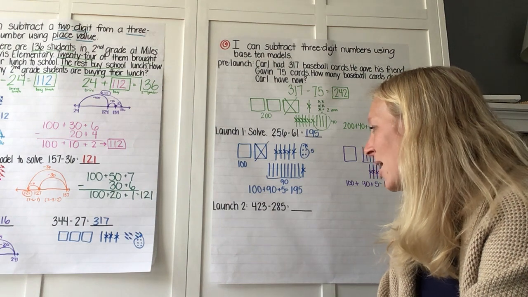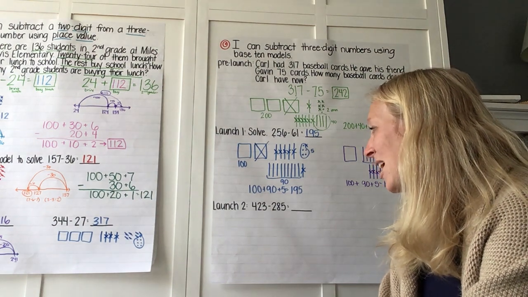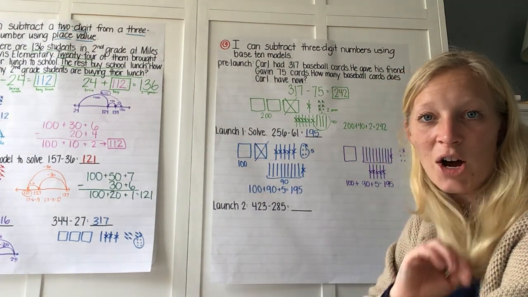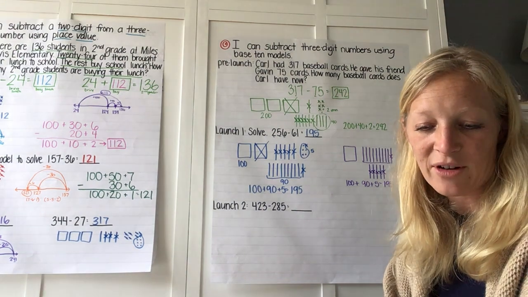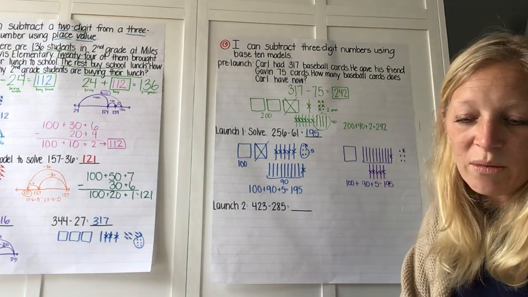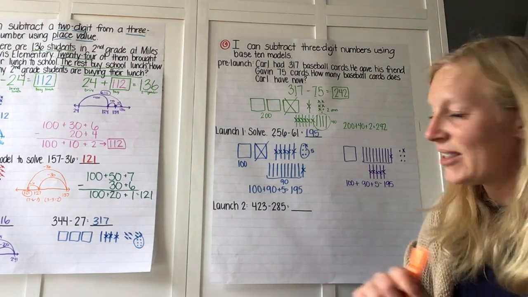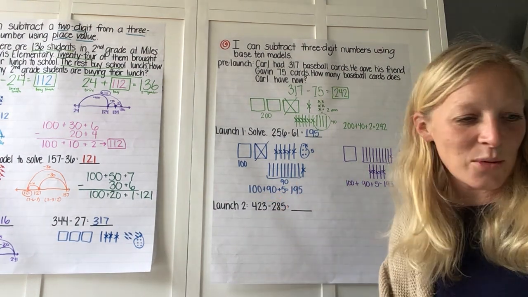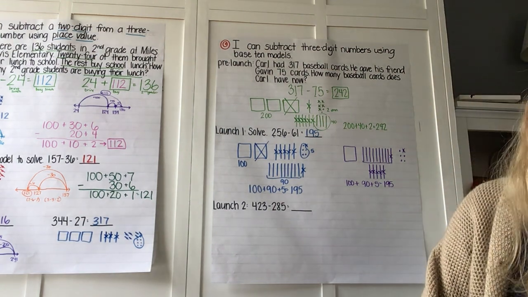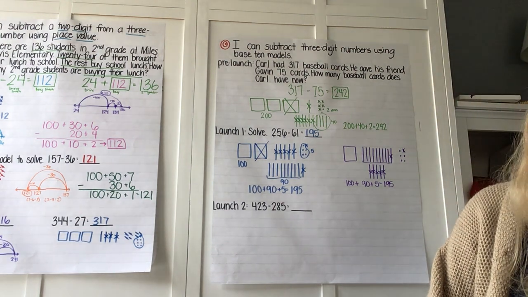423 minus 285. How will we solve this work, my friends? Go ahead and show me what you know. Oh, yes, I see some of you doing either of those ways where you're already breaking up those hundreds. How did you show 423?